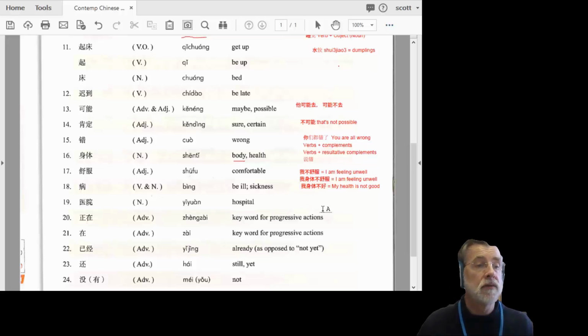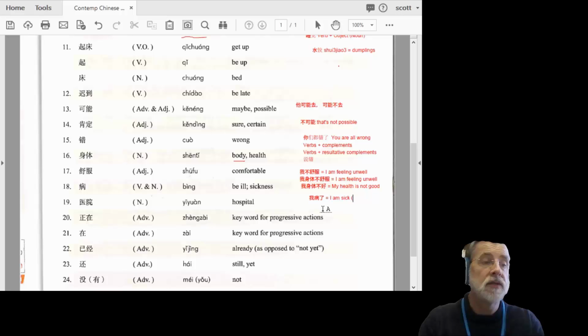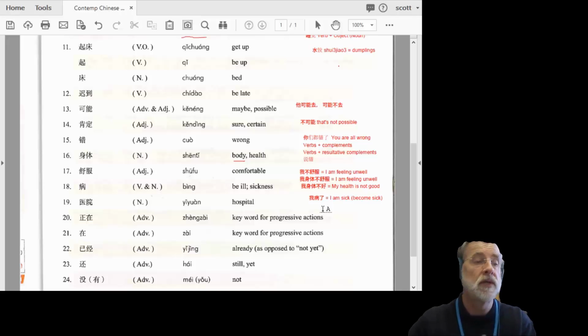Which means I am sick. And because of the 了 on the end, it means literally to become or have become sick. So there's been a change of state from when you were healthy and well to now when you're sick. 我病了.